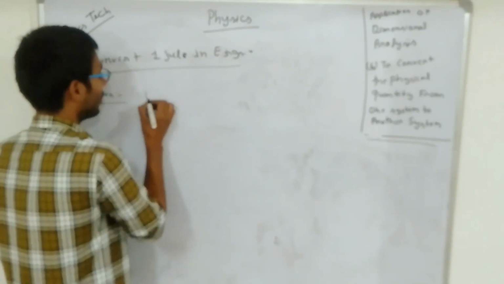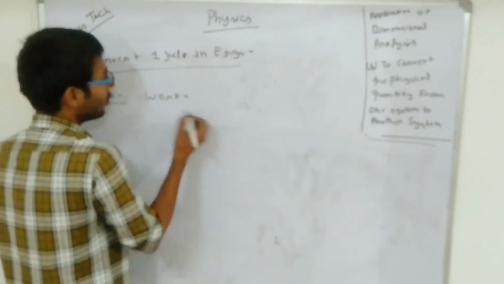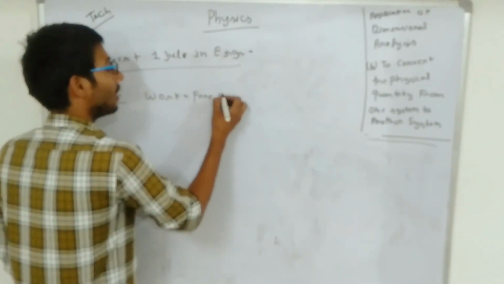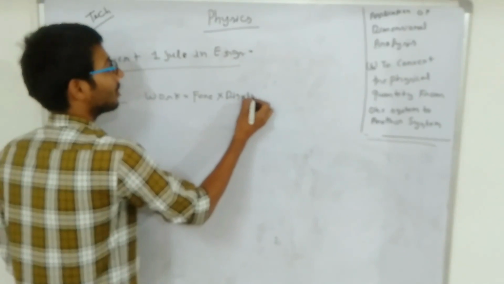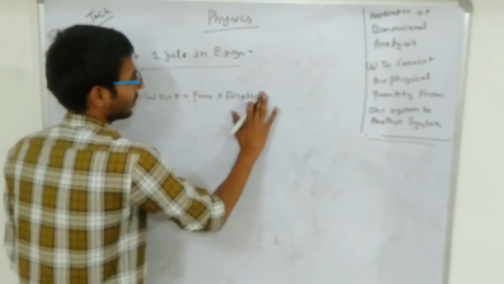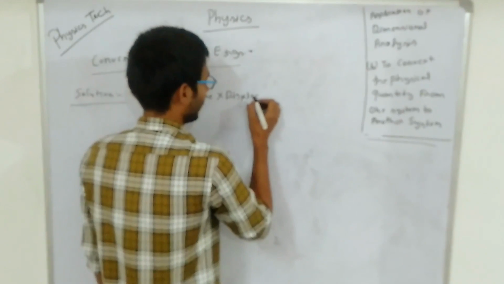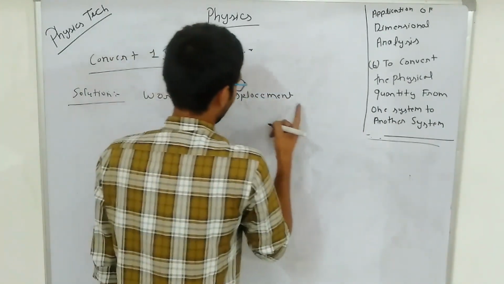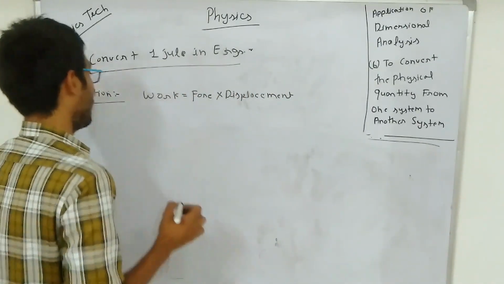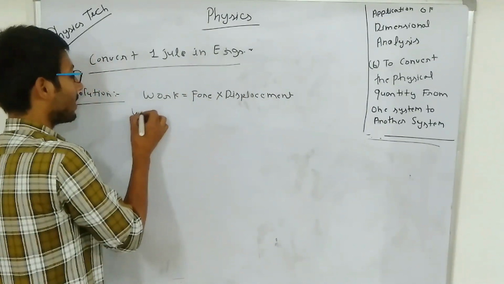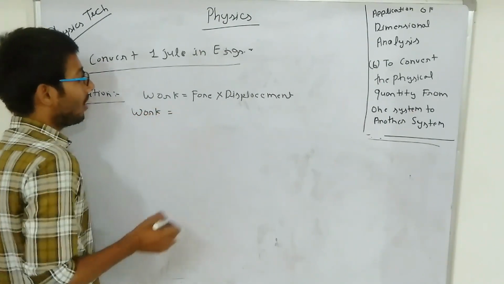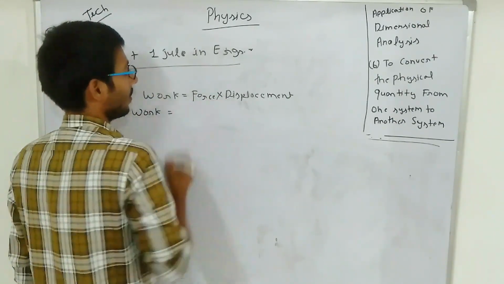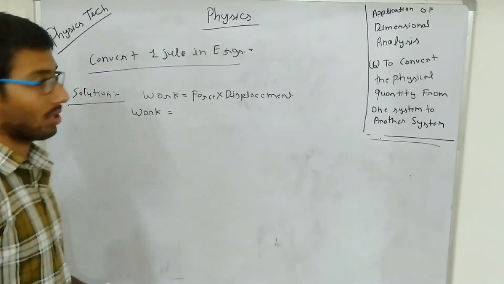Now we know that work is equal to force into displacement. What is the dimensional formula of force?